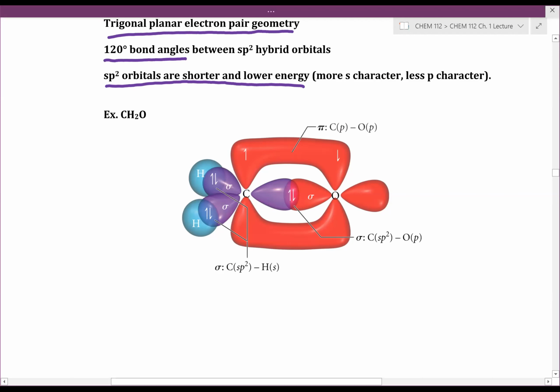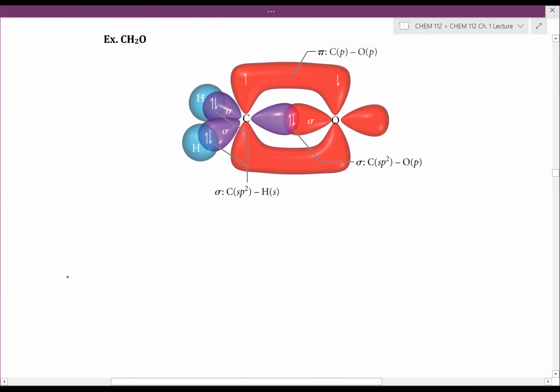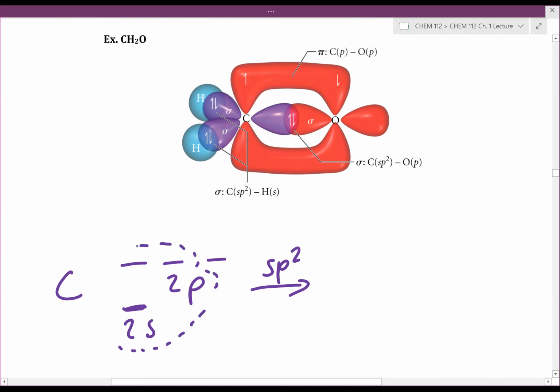So first and foremost, we have our central carbon atom. Our carbon atom is sp2 hybridized, so let's showcase that. Starting off from carbon, we have our 2s and our 3 p orbitals. We're going to hybridize them to the sp2 hybridization. So we are going to combine an s orbital and 2 p orbitals to generate 3 hybrid orbitals.